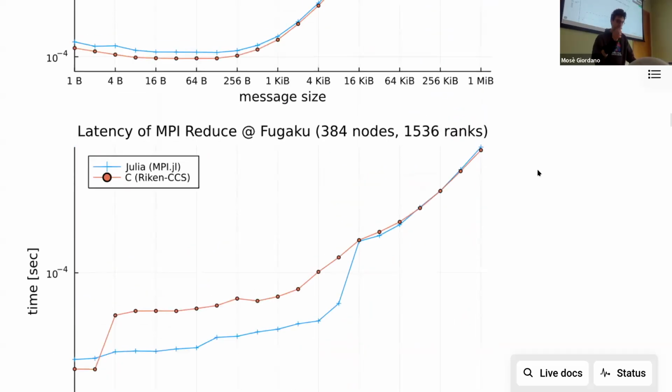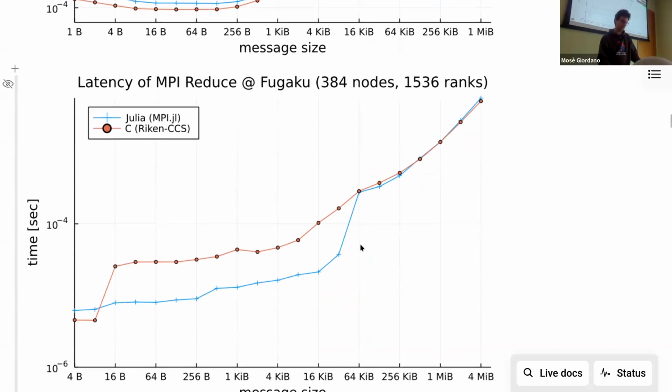This was the more interesting one. Again, this is latency, so you expect lower time, better latency. I believe what happened here is that 64 kilobytes is the L1 cache of the A64FX CPU. So I think we were just hitting some cache, and we were not avoiding the cache effectively.